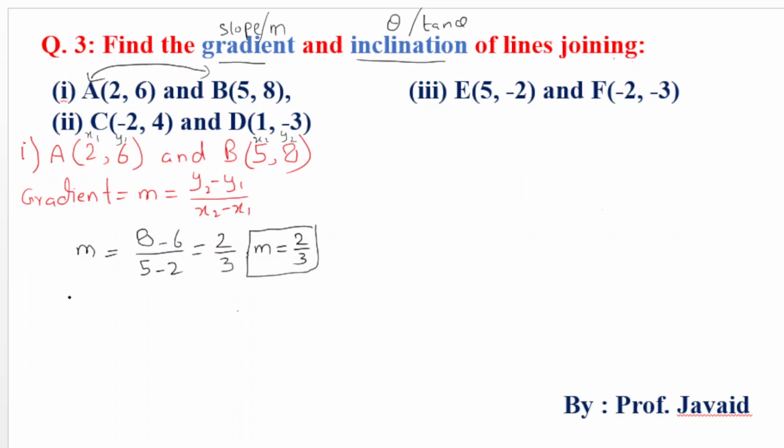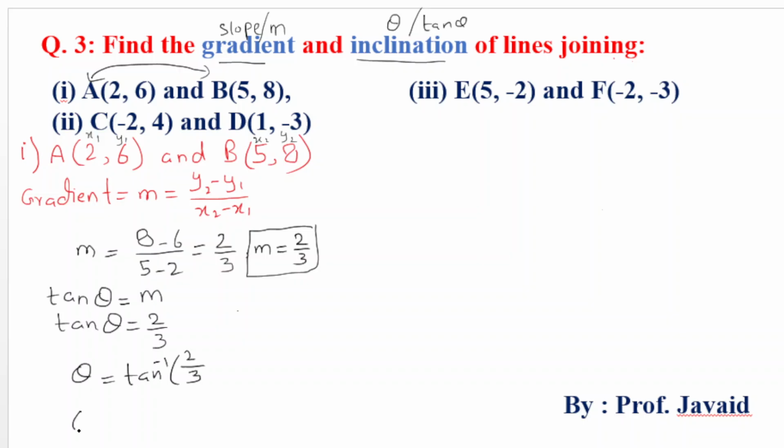You know that the inclination we used in the previous lecture: tan theta is equal to m. So tan theta is equal to 2 by 3, so theta is equal to tan inverse 2 by 3.